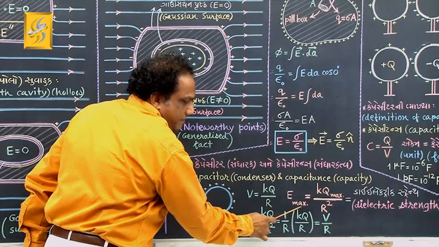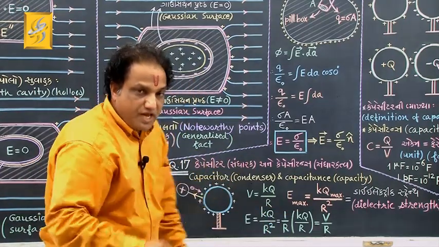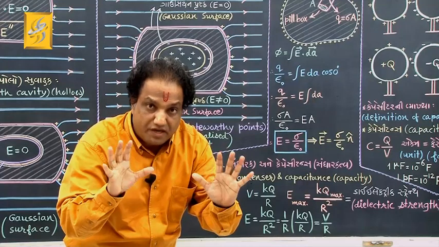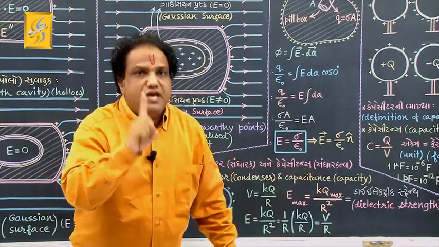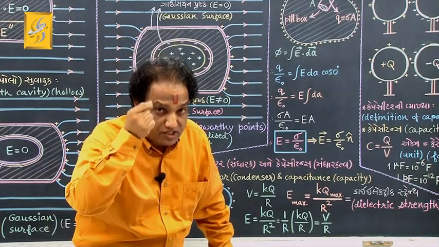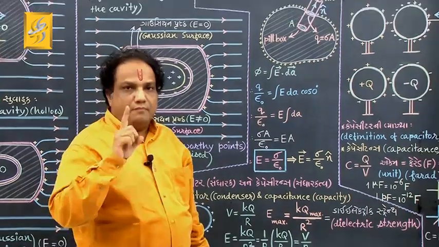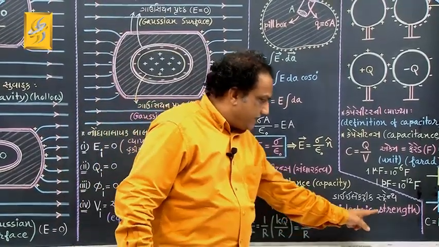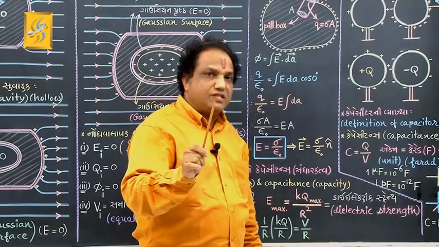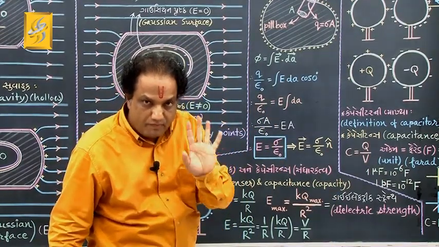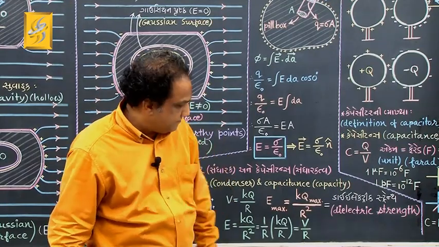Correct? That maximum electric field which can be applied on a given medium till which its constituent particles do not get ionized is known as the dielectric strength of that medium. My dears, for air medium, the value of dielectric strength is 3000 volt upon millimeter. Okay, fine.